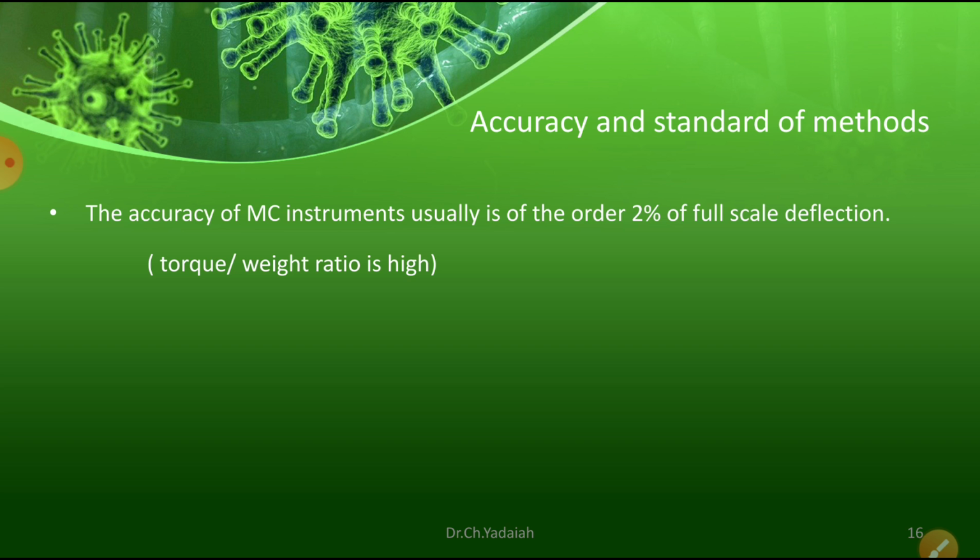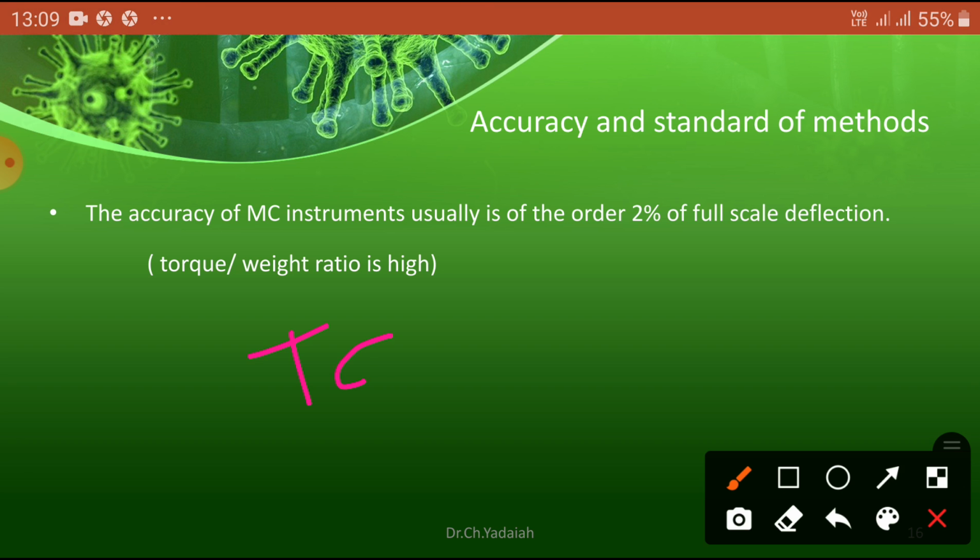And that means the torque by weight ratio is very high. What is the meaning of torque by weight ratio? This is the deflecting torque, produced against weight. The weight includes the coil weight, spindle weight, air friction weighting, and spring weights, all weight. If the weight increases, automatically the torque by weight ratio decreases. If it decreases, the deflecting torque decreases and the deflection decreases.